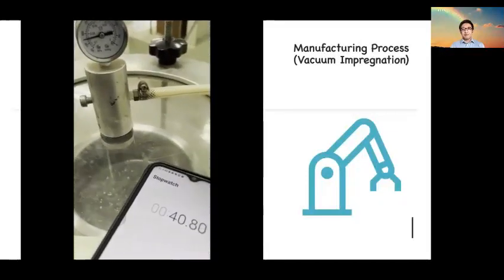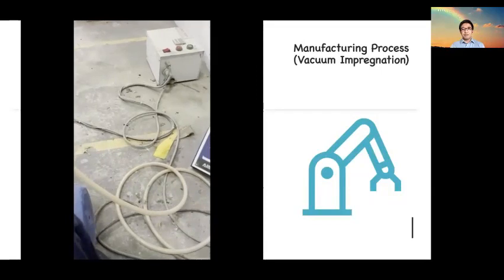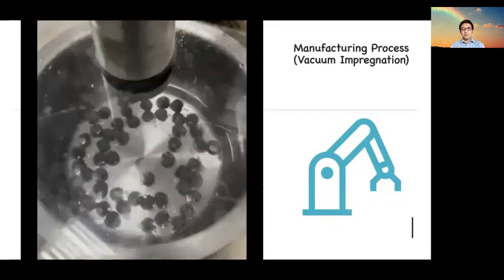Then, the vacuum pump is turned on and the pressure is kept at 0.087 megapascal for 30 minutes. The sample was then rested for 30 minutes for completion of the impregnation process.